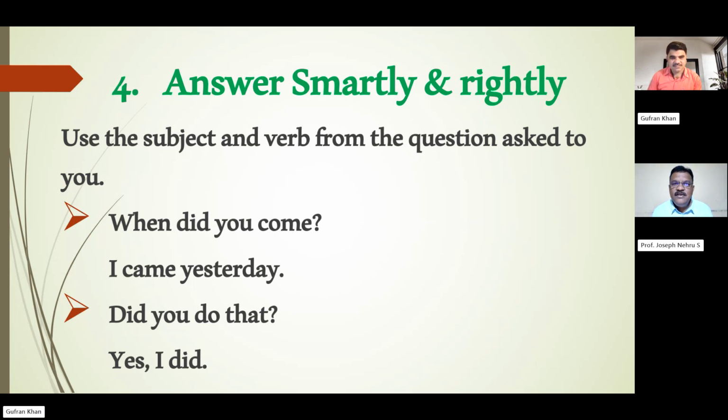Look at the way. When did you come? I came yesterday. The subject is you in the question. Since my friend asked me directly, when did you come, I changed that you into the pronoun I, which refers to me.